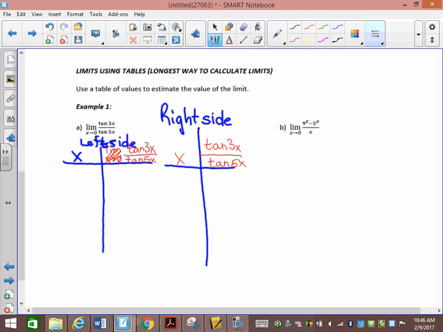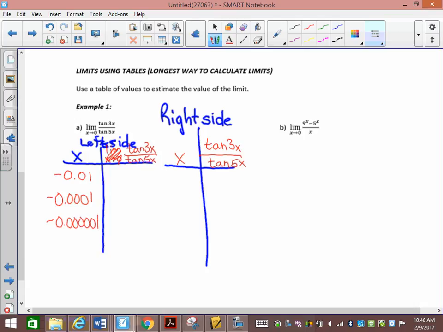So from the left side to 0, you could go negative 0.01, let's say. That's getting closer to 0, right? And a lot of people go 0.001, 0.0001, but because I'm lazy, I'm going to increase really fast. So negative 0.01, and then negative 0.0001, and then negative 0.0000001.